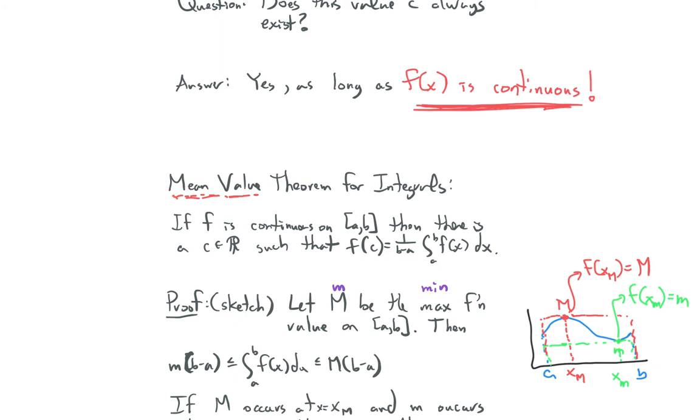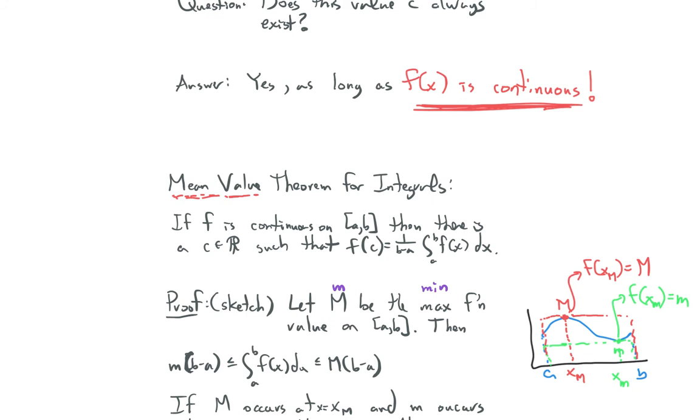We want the value, and we're going to think of the area. We know there's some value here that's going to be between the area of the maximum rectangle and the area of the minimum rectangle. So there's going to be this value k. That's going to be the area that we want, and that's going to be that value we're looking for, that mean value of our function.